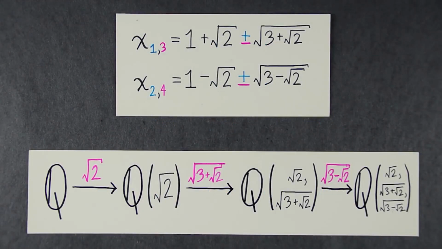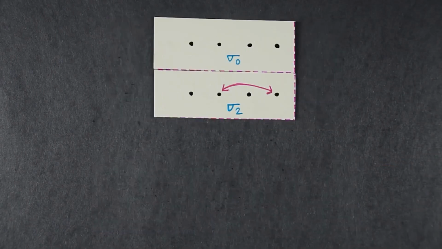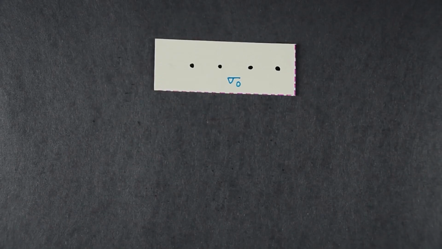Now we'll extend the field one last time by adding in this element. Then we get this new equation. Now there's only one permutation of the roots that leaves all the equations unchanged, and it's the do-nothing permutation.